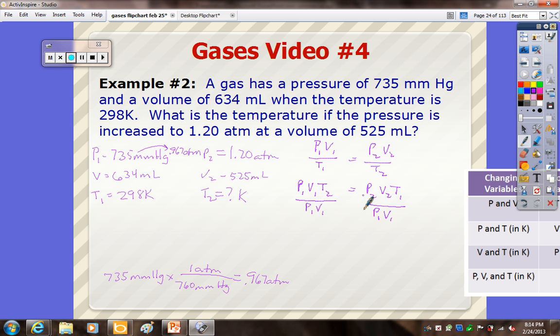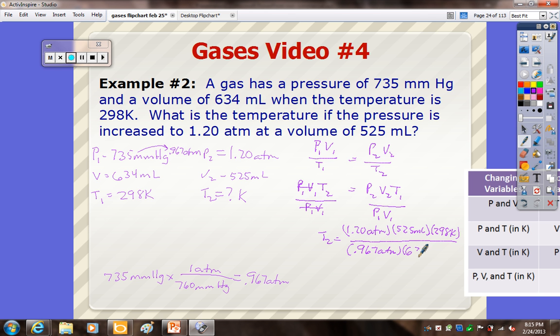These cancel out, and T2 becomes the second pressure, 1.2 atm, we're going to write in the units, times the volume, 525 ml, times T1, which is 298 Kelvin, and divide this by P1V1, which is 0.967 atm and V1, 634 milliliters.